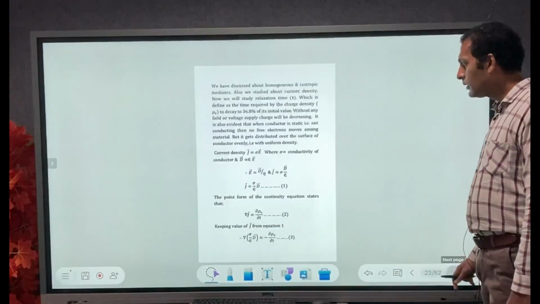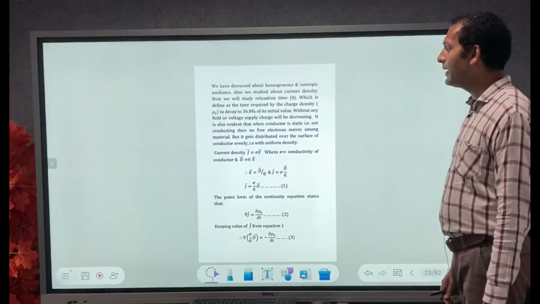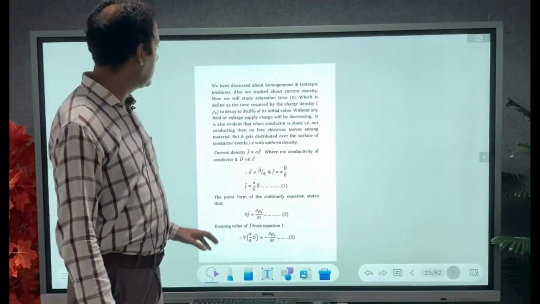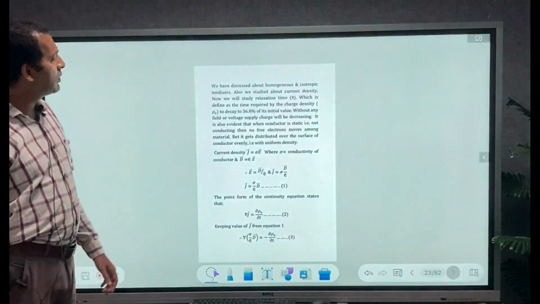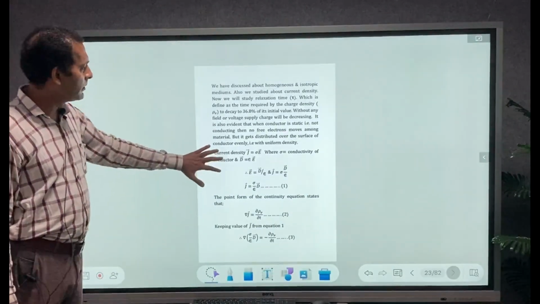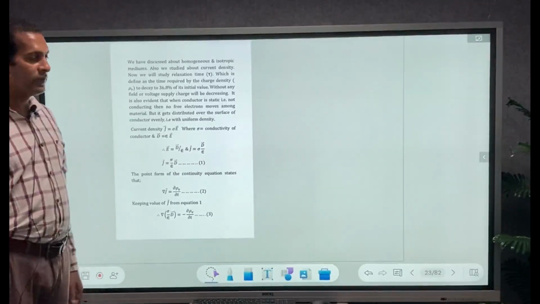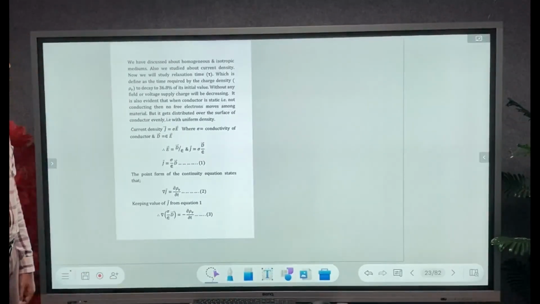Today we'll start our discussion from relaxation time. There are different types of mediums, let's say homogeneous and isotropic mediums. These mediums have different properties, different behaviors for the movement of vectors.